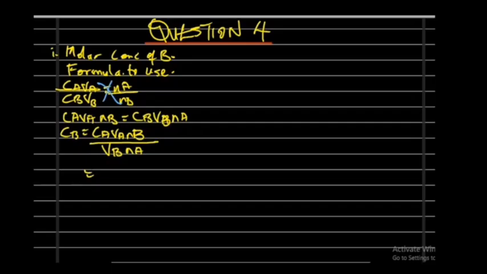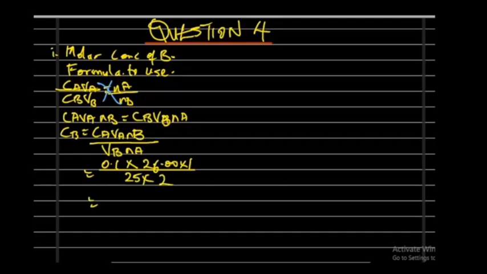Our CA is 0.1, multiplied by 26.00, multiplied by 1, which is our number of moles of base, and then divided by the volume of base, which is 25, multiplied by the number of moles of acid, which is 2.